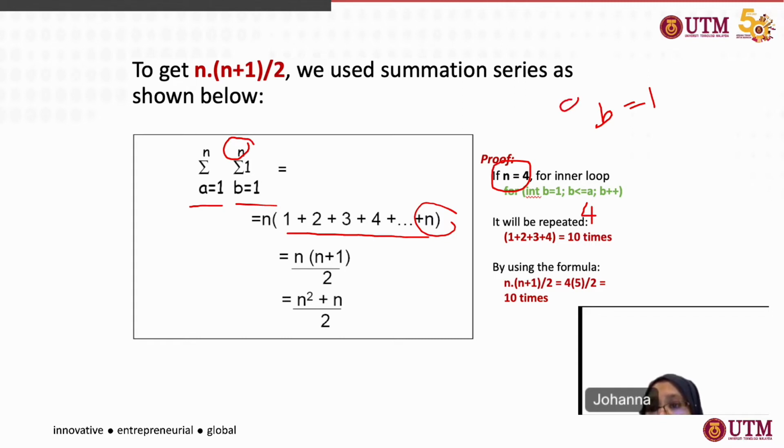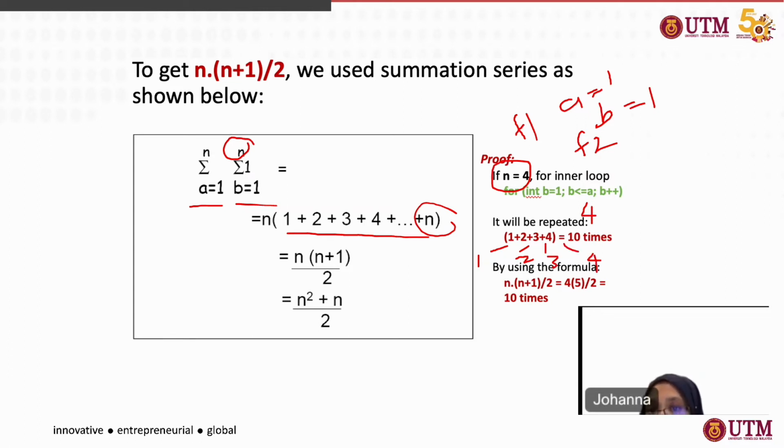Okay, so we can see here that this process will be repeated for 10 times, because when a is equal to 1, we are going to execute only 1. Then we go back to the first loop. Then a will become 2, all right?